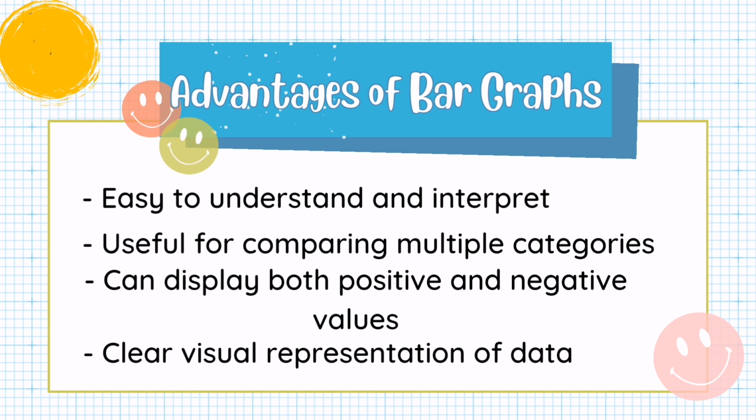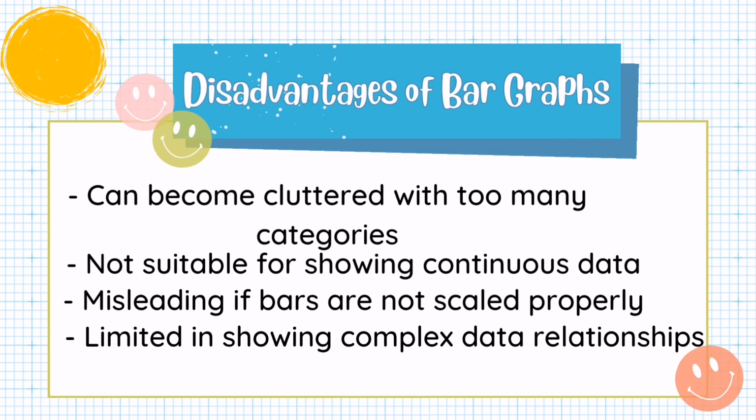So they're useful in school, in surveys, even in businesses. So it is stated here that it is easy to understand and interpret, useful for comparing multiple categories, can display both positive and negative values, and gives a clear visual representation of data. Those are the advantages of bar graphs.